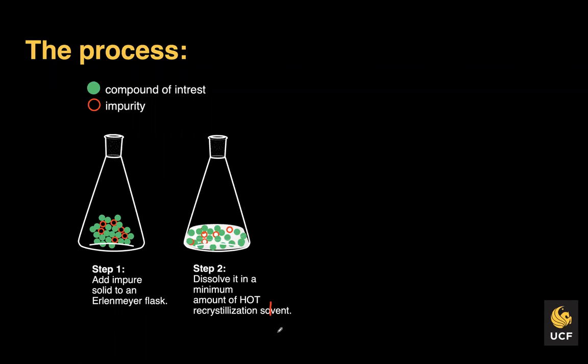Suppose you have a compound of interest and you have no idea what would be a good recrystallization solvent. That would be a whole set of experiments that you'd run to figure out the best recrystallization solvent. You would take a small amount of that impure compound and dissolve it, let's say in small test tubes, in different types of solvents at room temperature, and see whether it is soluble or not.